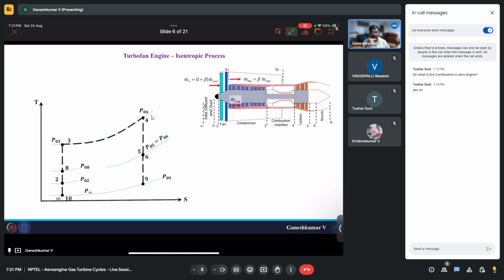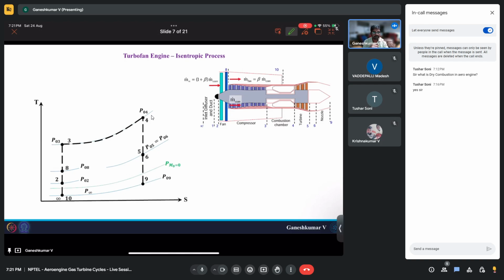So that comes to the next question. If it's a ground condition, what is going to happen? As I said, the infinity to 2 will not be there. Instead, if it's in the ground condition, the green line over here corresponds to atmospheric pressure, or when M naught is equal to 0, the green line is the pressure.